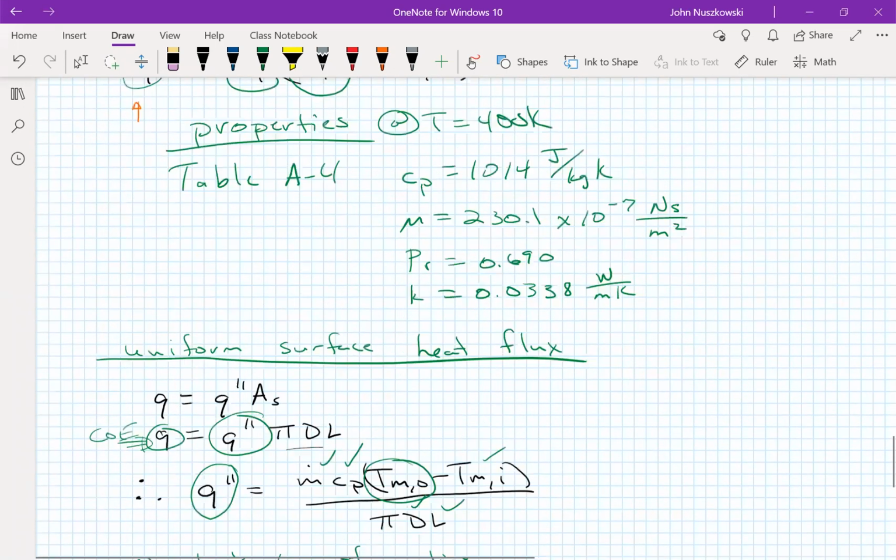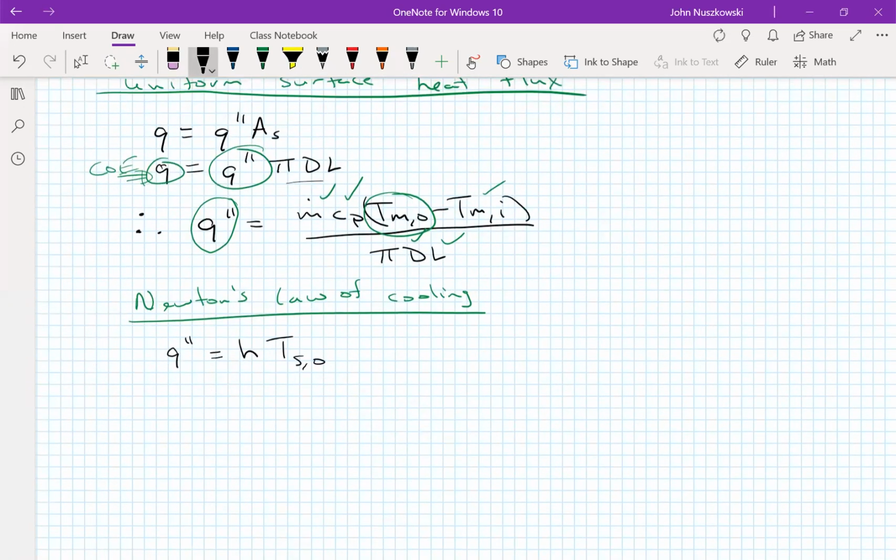So if we do surface to mean outlet, now we have, so this is just the convection at that exit, all right? Now we have another equation for the heat flux. And if we look at this one, we still don't have the outlet, right? We do have the inlet.